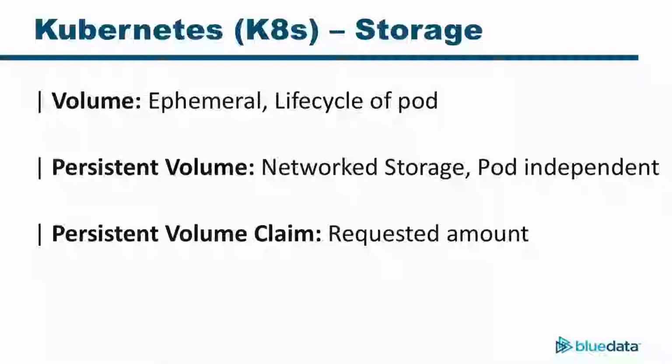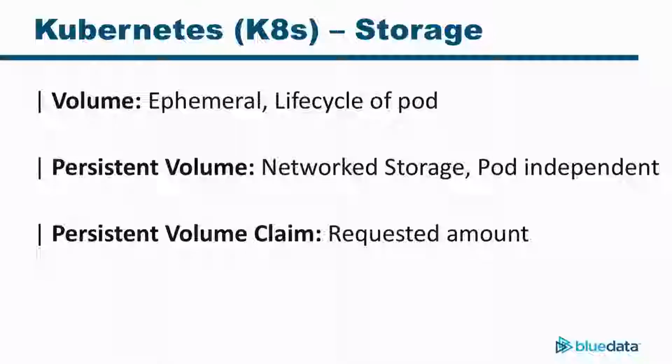So that's where they have a concept of a persistent volume, which is essentially networked storage. It's pod independent. There's a number of storage plugins out there. There's a plugin for Ceph, a plugin for Scale.io, plugins for NFS, Gluster. It's your choice. When you put up your Kubernetes deployment, you have to make that choice of what storage plugin you're going to use.